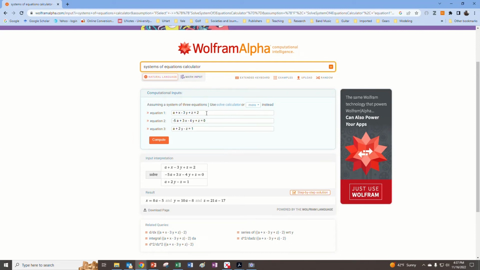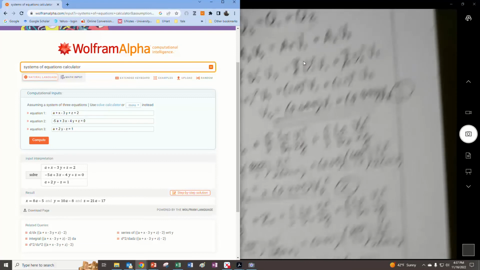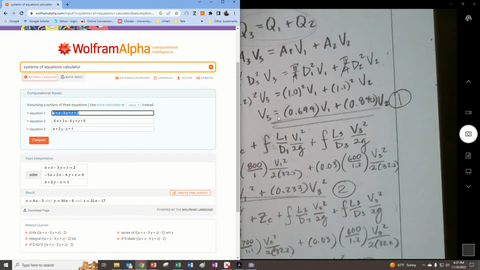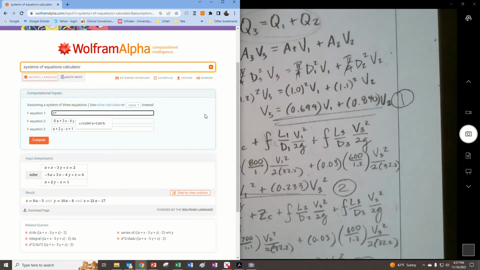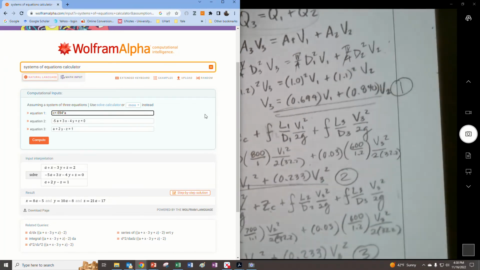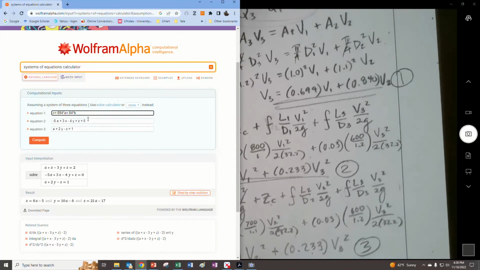All right, so I decided to go with A's, B's, and C's instead of V1s and V2s. Let me see if I can get this to work. Here is my equation 1. I decided that V3 was going to be C. So I said C is equal to 0.694 times A, plus 0.84 times B. Boom, that's equation 1.